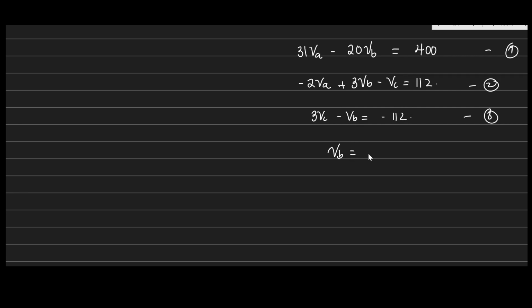So this becomes VB is equal to 3VC plus 112, right? Okay, so let us substitute wherever there is VB in these other two equations. So from equation number 1, we have 31 minus 20, this 11 VA, sorry, 31VA minus 20 VB, which is 3VC plus 112, equal to 400.